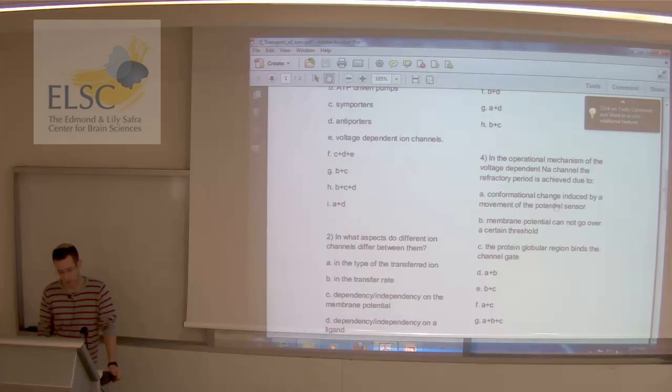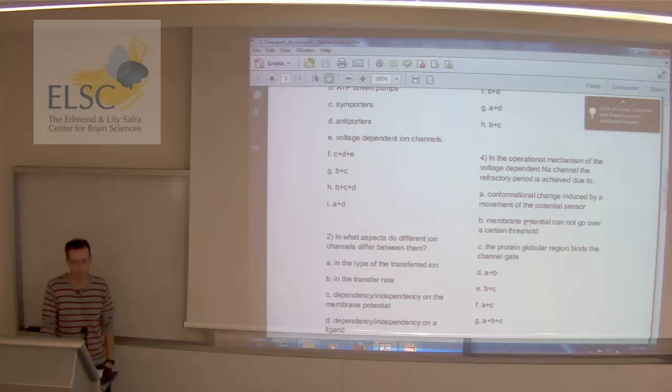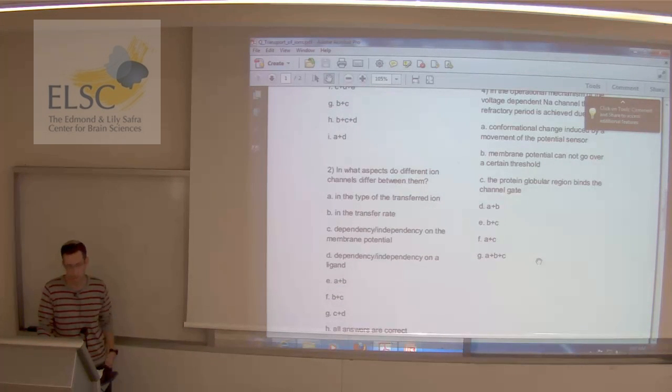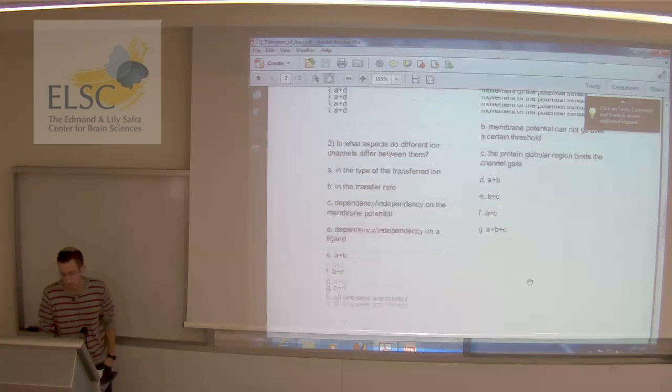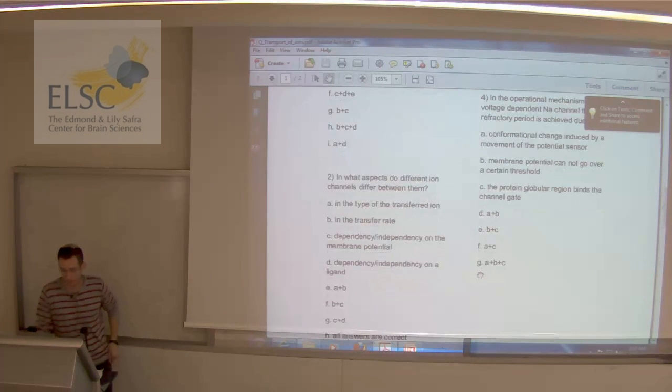So I would say that A is incorrect. B, membrane potential cannot go over a certain threshold. No. Even if it is true, it will not serve as any delayed aspect in the mechanism of this channel. And C, the protein globular region binds the channel gate and shuts it off or closes any further ion current through this channel. So it's C. Only C.